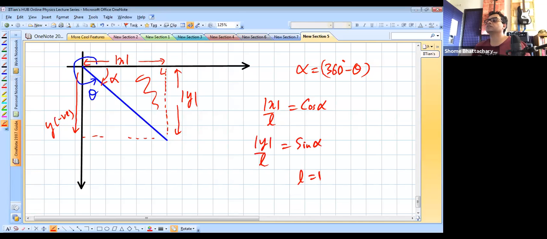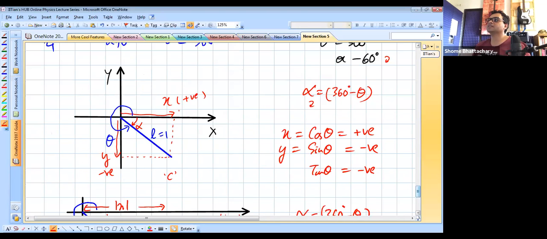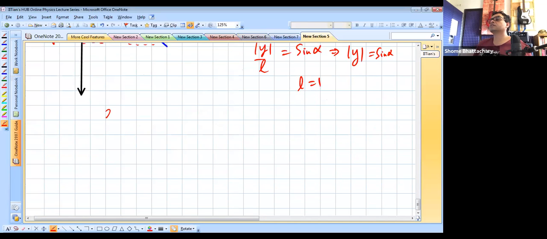So the magnitude of x is cos alpha, and the magnitude of y is sin alpha. As far as algebraic sign is concerned, x has a positive sign and y has a negative sign. So x will become positive of mod x.